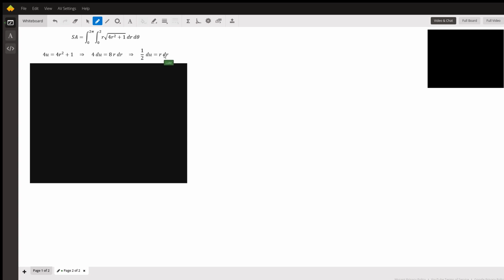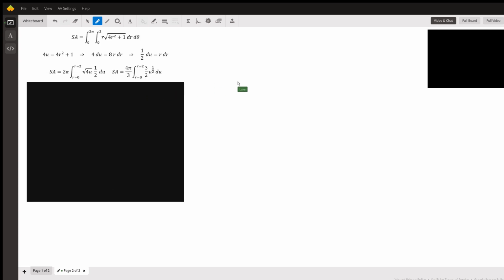Simplifying so that we can fully replace the r dr in our integral, we then get to here. Now, I could have rebounded the integral, but I thought that was more trouble than it was worth, so I decided on not doing that.